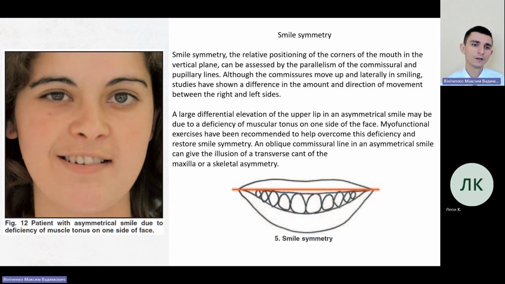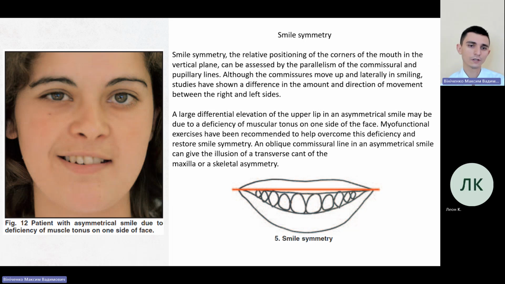Smile symmetry. Smile symmetry is the relative positioning of the corners of the mouth in the vertical plane. It can be assessed by the parallelism of the commissural and pupillary lines. Although the commissures move up and laterally in smiling, studies have shown a difference in the amount and direction of movement between the right and left sides.